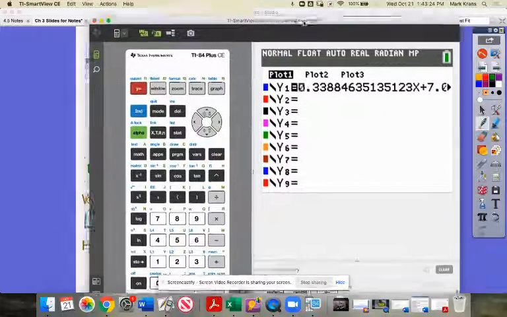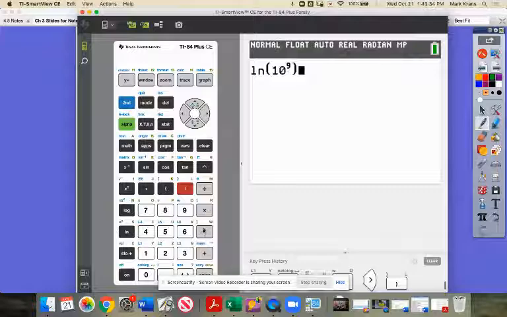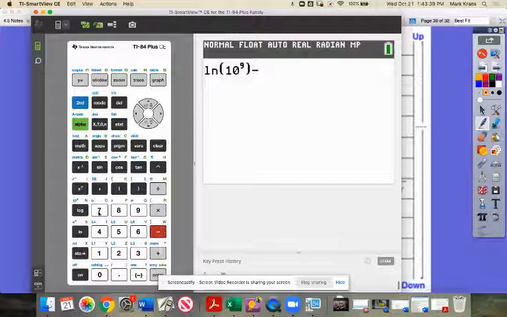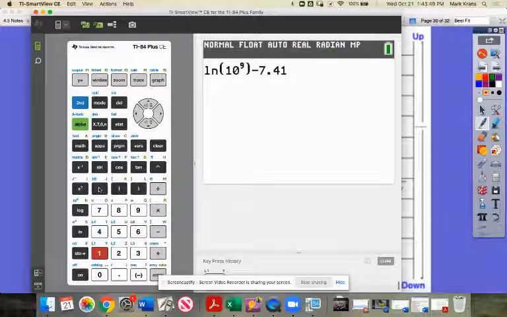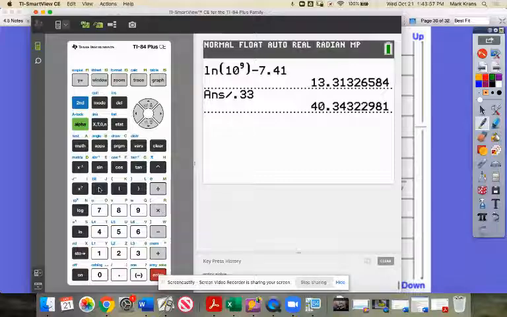So I'll take ln, I'll go to my home screen, natural log of 10 to the ninth minus 7.41, and then divided by 0.33. That's my coefficient. And so I get the years is 40 years.